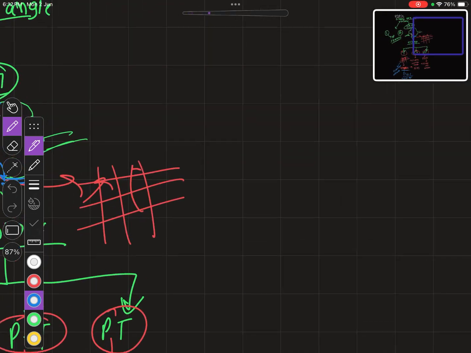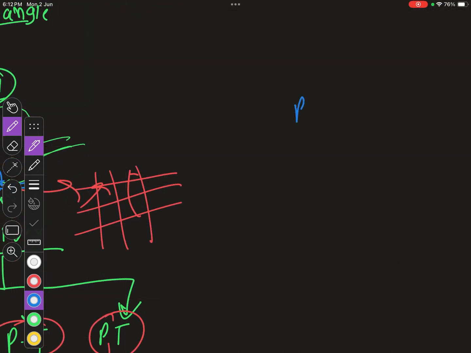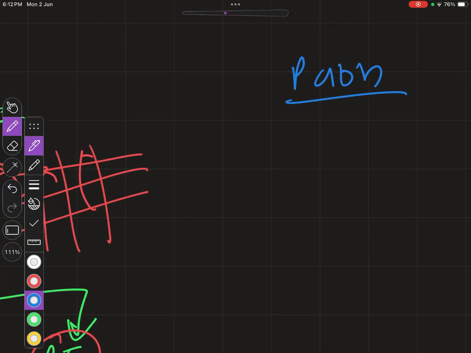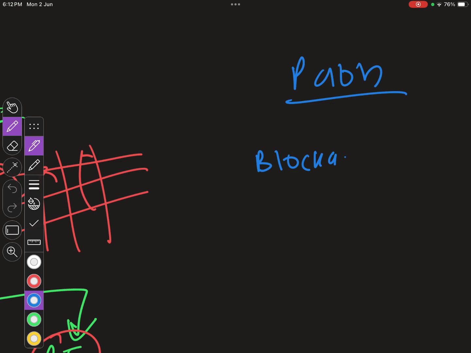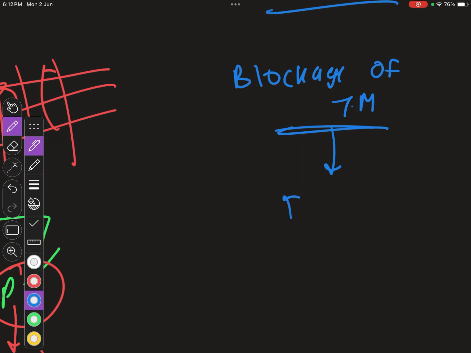Now let's talk about the pathogenesis. What is actually happening here? Like I told you, there is blockage of the trabecular meshwork, TM, and this will lead to increased IOP. But I will talk about one more type in primary open angle glaucoma: some patients are normotensive.